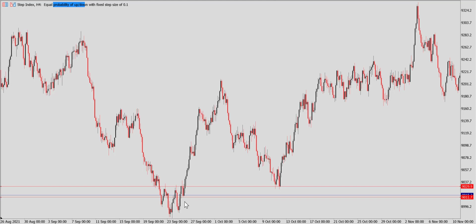So that's it there. Now let's look into this propulsion block and see how best you would have traded it. I'm indicating this propulsion block so that we go into lower time frames and also reduce it, so that we see where we are supposed to take our trade and also try to reduce the stop loss.